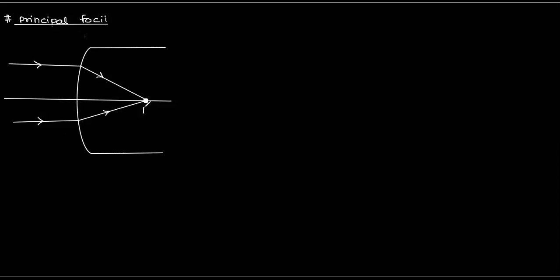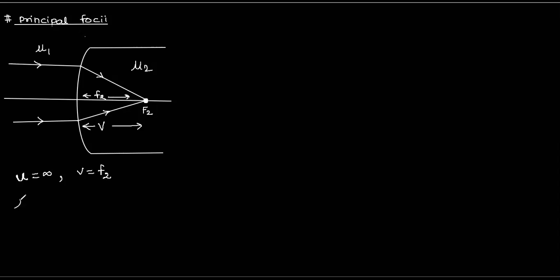This is focus f2, and this is medium 2, that's why its refractive index is mu2. This one is medium 1, so its refractive index is mu1. And this distance is the image distance v, yes or not? Here u is infinity, because the object is at infinity, rays are coming from infinity. Next, v is equal to f2, the focal length, so f2 is equal to v.